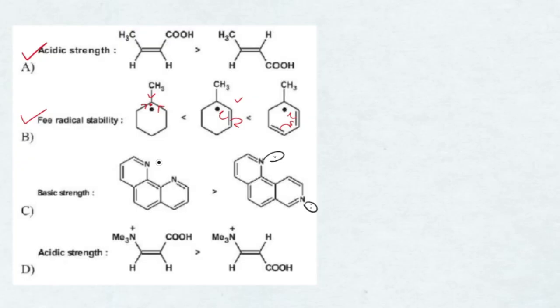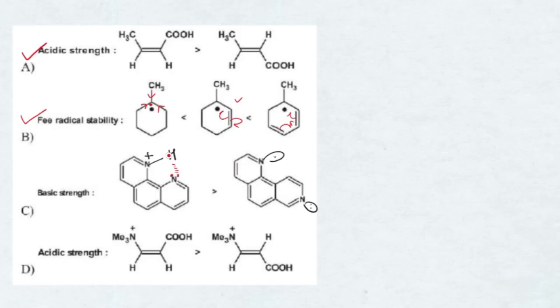Upon that, if the formed conjugate acid is stabilized by hydrogen bonding, then it imparts extra stability to the molecule. Say in this case, when nitrogen donates its lone pair and it forms a conjugate acid like this, then the lone pair of electron present on nitrogen can exhibit hydrogen bonding with the hydrogen here.